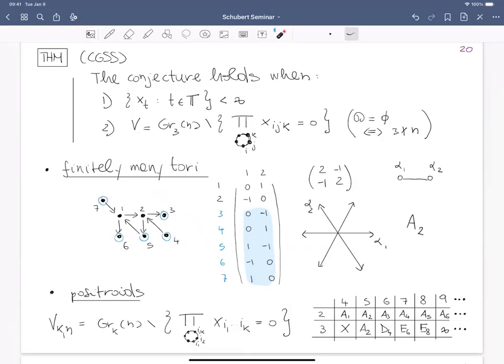To each such quiver, you can associate a matrix like this, which is roughly the adjacency matrix of this quiver. So on rows, you put the indices of all nodes, and on columns, you put the indices of only the nodes that are mutable in the sense that they do not correspond to Fukaya coordinates for this compactifying divisor.